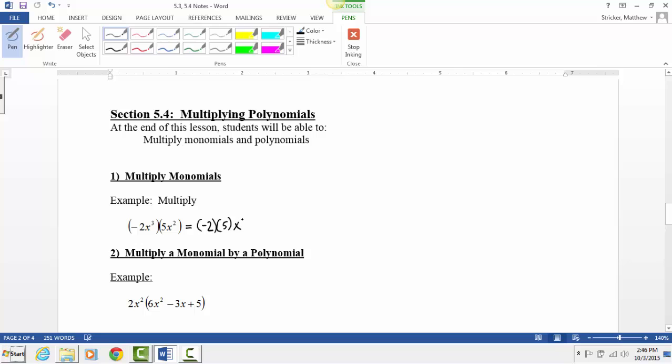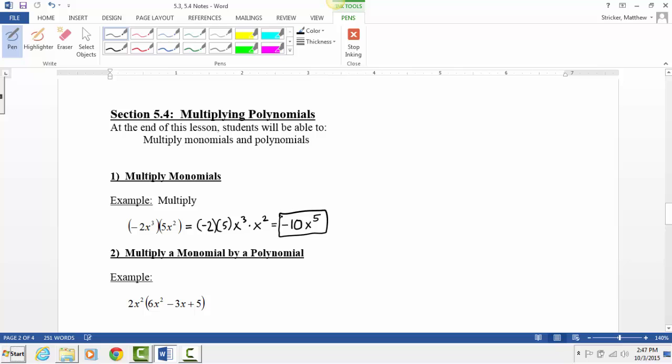So we have x cubed and then an x squared. Of course, negative 2 times 5, that's negative 10. And then remember, when we multiply exponents, we add the powers. So 3 plus 2 is 5. So this is going to be x to the 5th power.